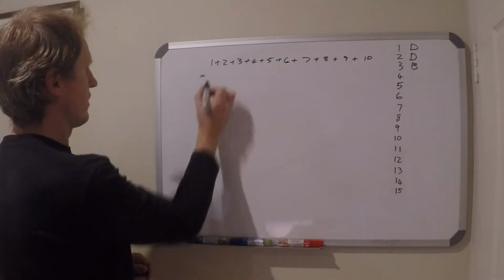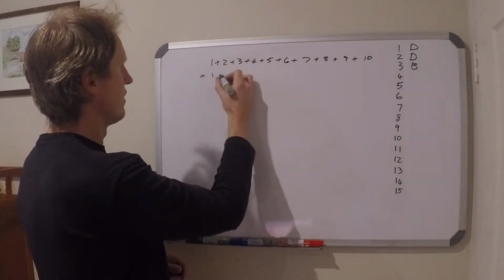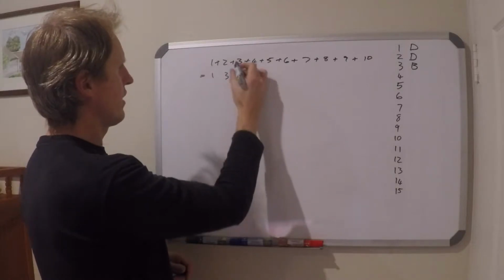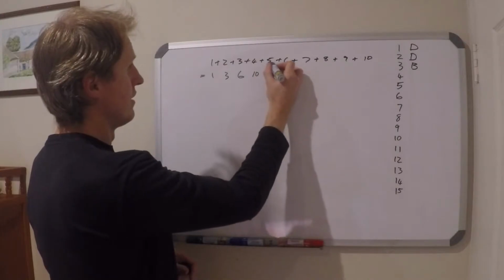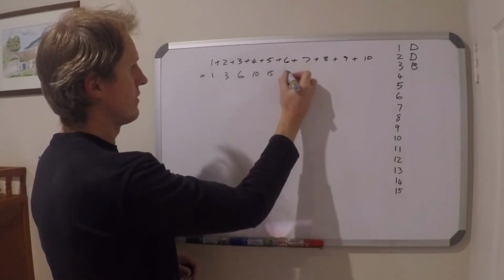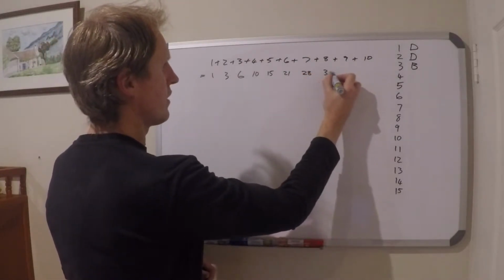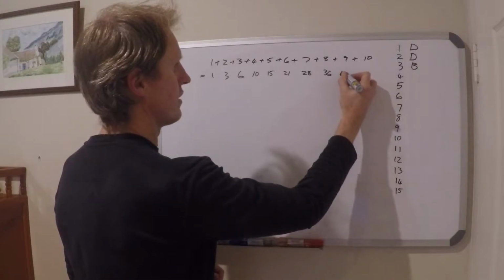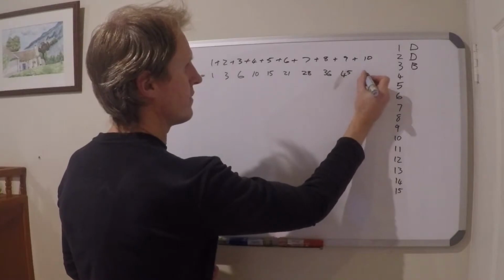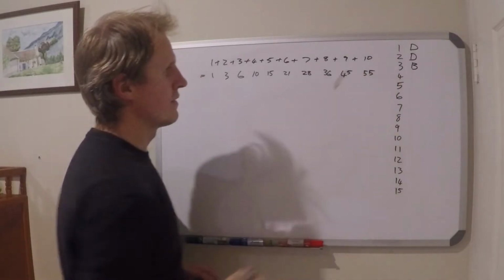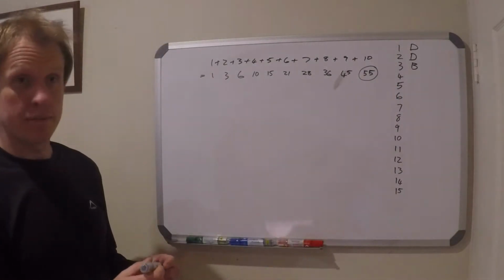Let's do a running total. 1 plus 2 is 3, 3 plus 3 is 6, 6 plus 4 is 10, 10 plus 5 is 15, 15 plus 6 is 21, 28, 36, 45, and 55. So we know that the sum adds up to 55.